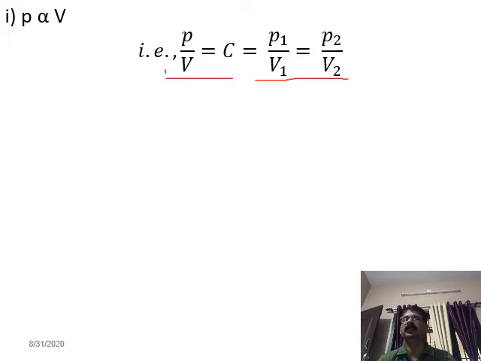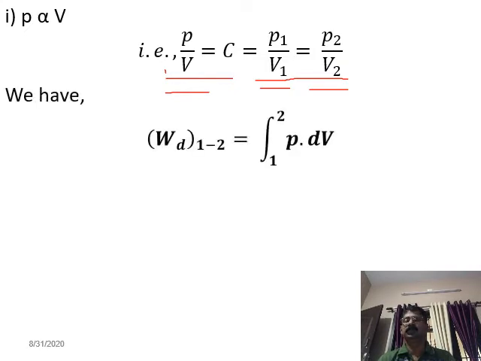When applied to state 1, it becomes P1 by V1. When applied to state 2, it is P2 by V2. In general, it is P by V at any point. So this ratio is always constant. And you know that the displacement work for the process 1 to 2 is given by WD, work done 1 to 2, is the integration of PdV between states 1 and 2.